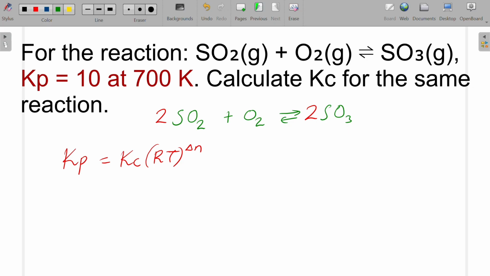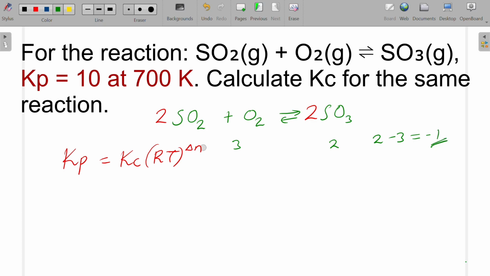This implies that on the right-hand side we have a 2, and on the left-hand side we have a 3. 2 added to 1 is 3. So to get our change in n, we're going to say 2 minus 3. We said it's the difference between the balancing coefficient of the products and that of the reactants. So we have 2 minus 3 giving us a minus 1. So this minus 1 is the change in n.